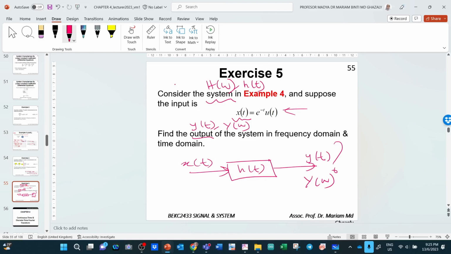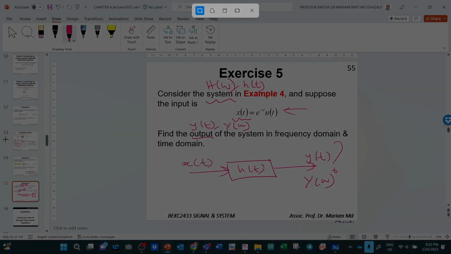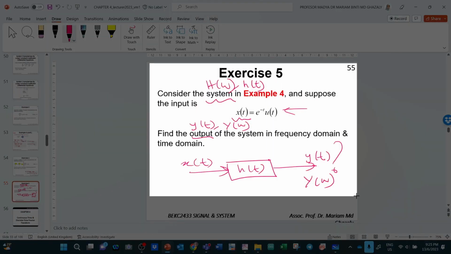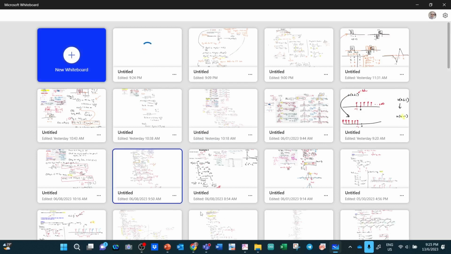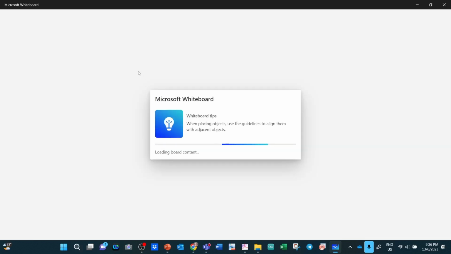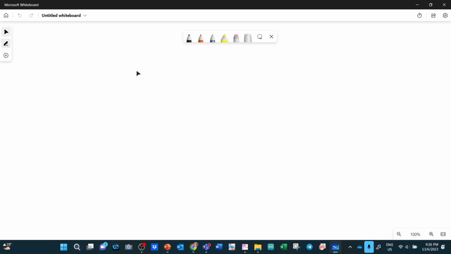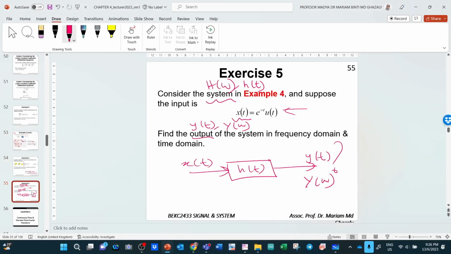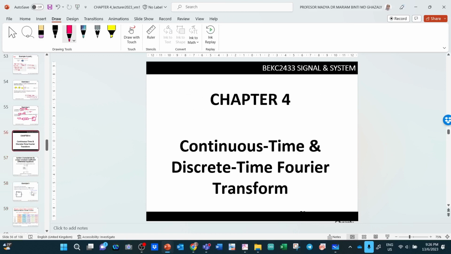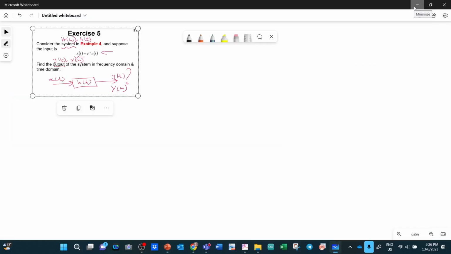So do this example. I will just start it off so that you can continue.